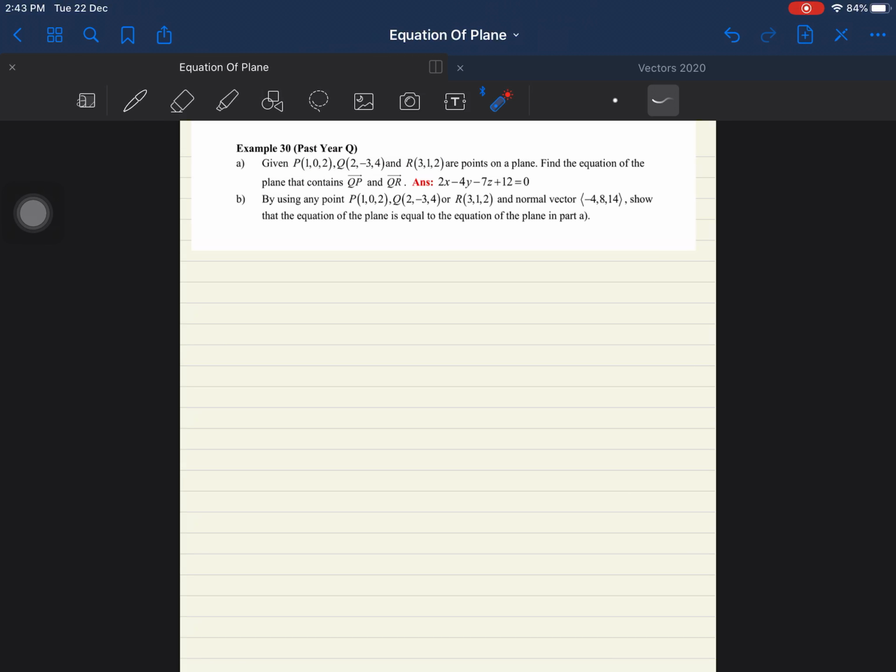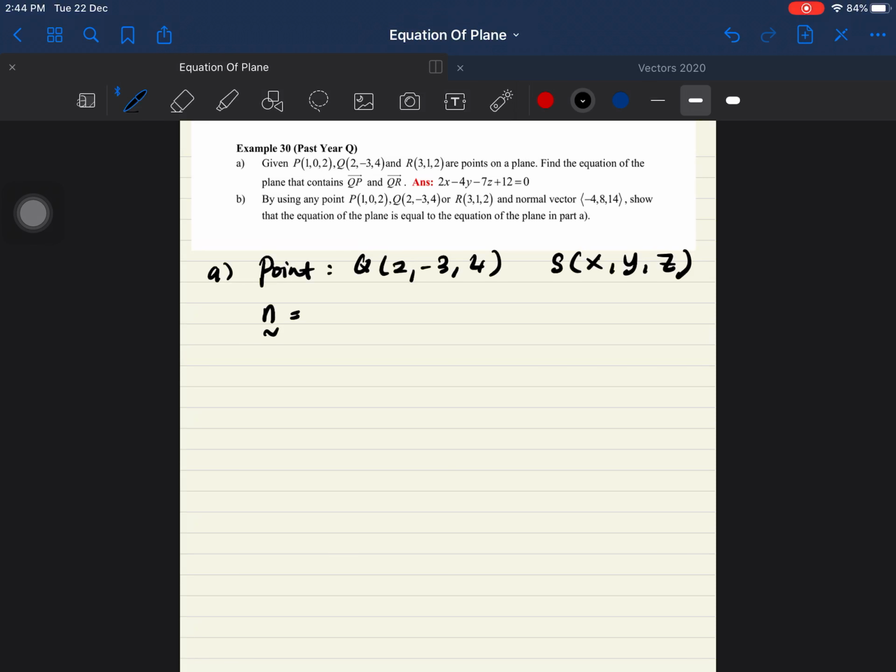So you boleh pilih mana-mana satu point. So point you tak ada masalah. Okay, so contoh saya nak guna point Q. Okay, let's say (2, -3, 4). So saya kena let one point be (x, y, z).